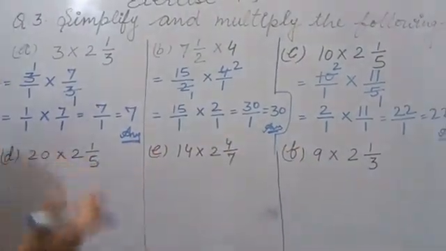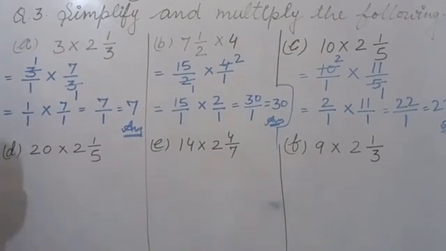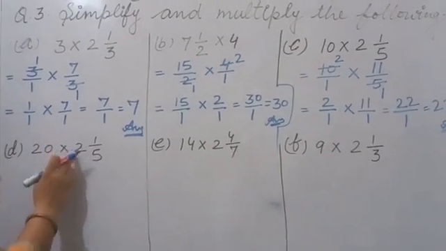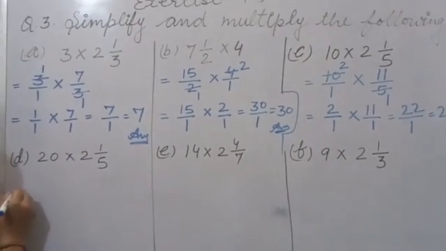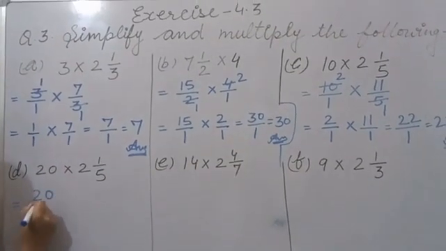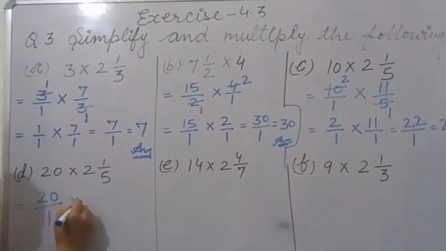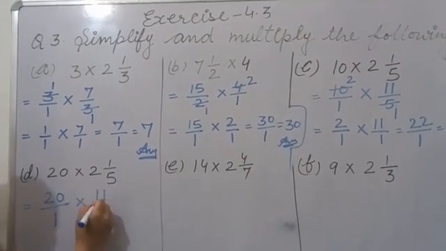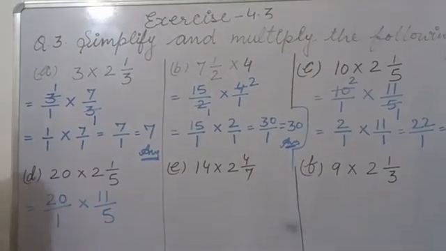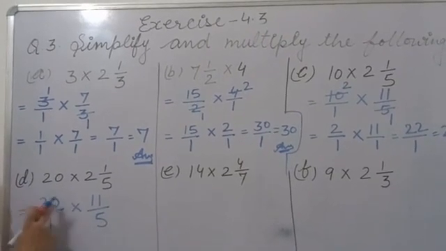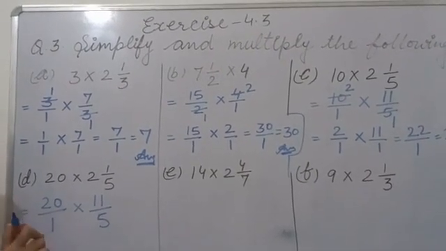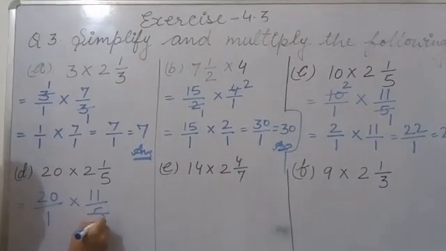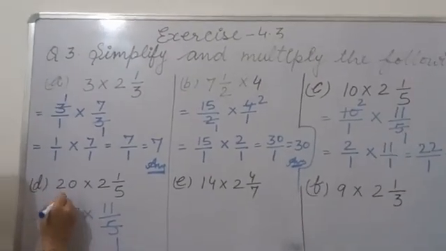What is your numerator? Now next is the D part. 20 multiply by 2 whole 1 upon 5. So same one. There is no denominator, so we can make the denominator 1. Multiply by 2 whole 1 upon 5. 5 twos are 10, 10 plus 1 is 11 upon 5. Again we can see that 5 and 20 both come in the 5 table. So we can cancel by 5. 5 ones are 5, 5 fours are 20.